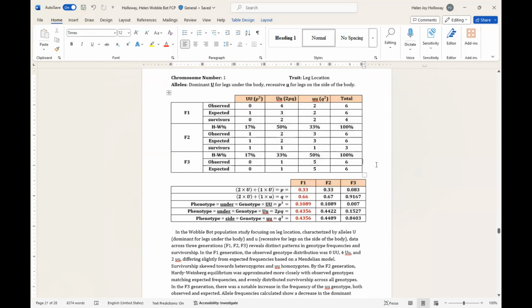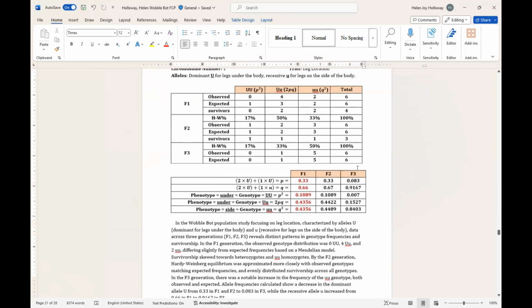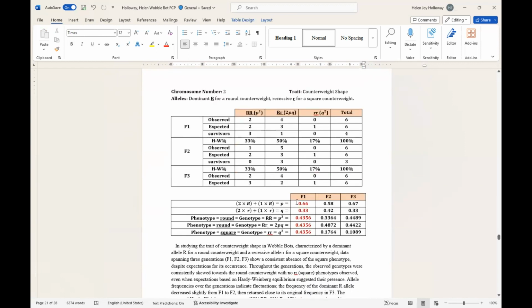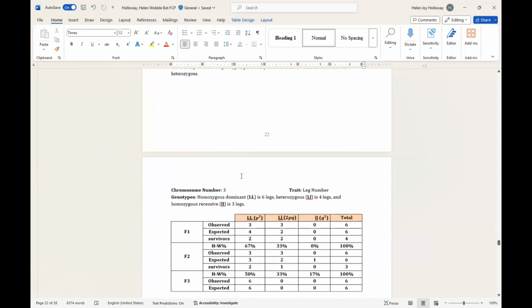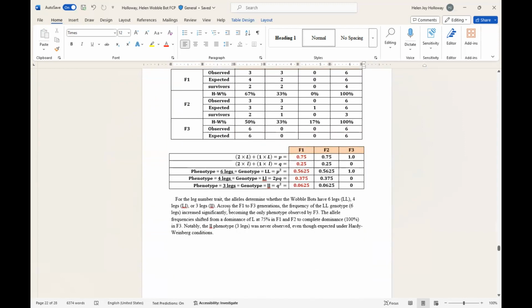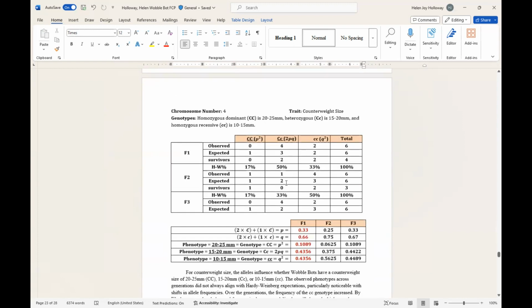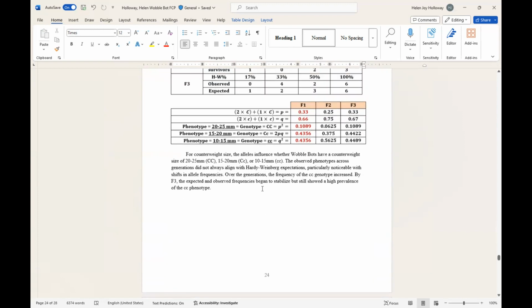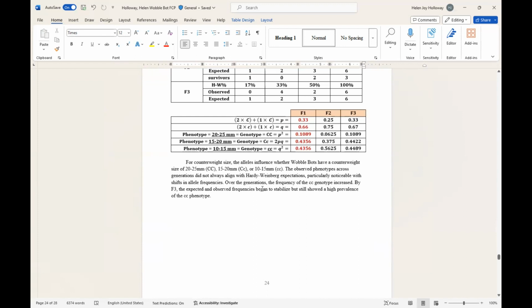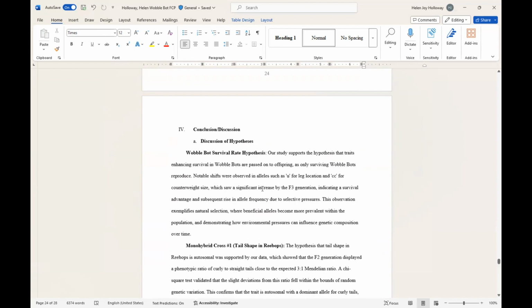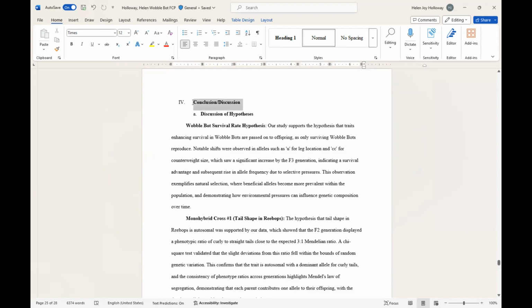Make sure yours looks exactly the same. So chromosome 1, summary, chromosome 2, summary, chromosome 3, summary, and maybe if my mouse will work, chromosome 4, summary, and then you move on to your conclusion and discussion.